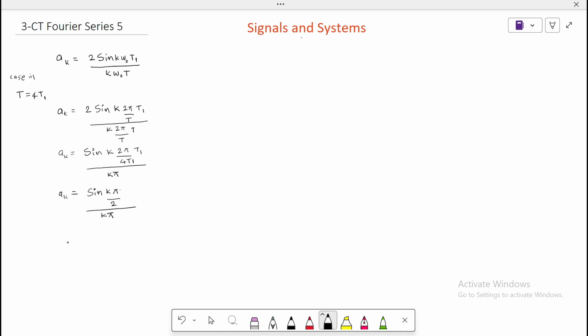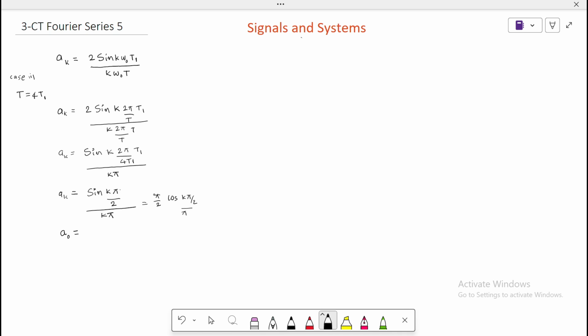So a0 equals, by L'Hospital rule, differentiating the sine function gives pi by 2 cos of k pi by 2, divided by pi.